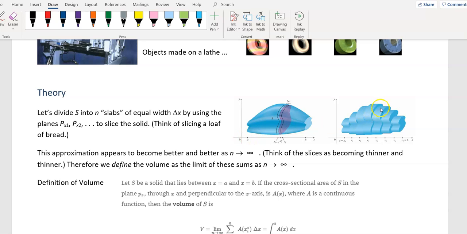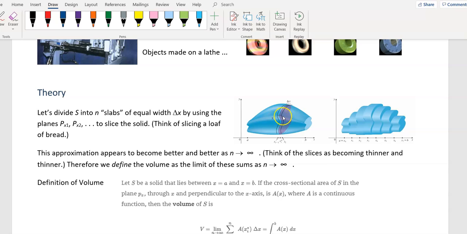Look at this picture here on the right, we have wider or thicker slices. This approximation wouldn't be as accurate as if I were to take thinner slices like what's shown here on the left.